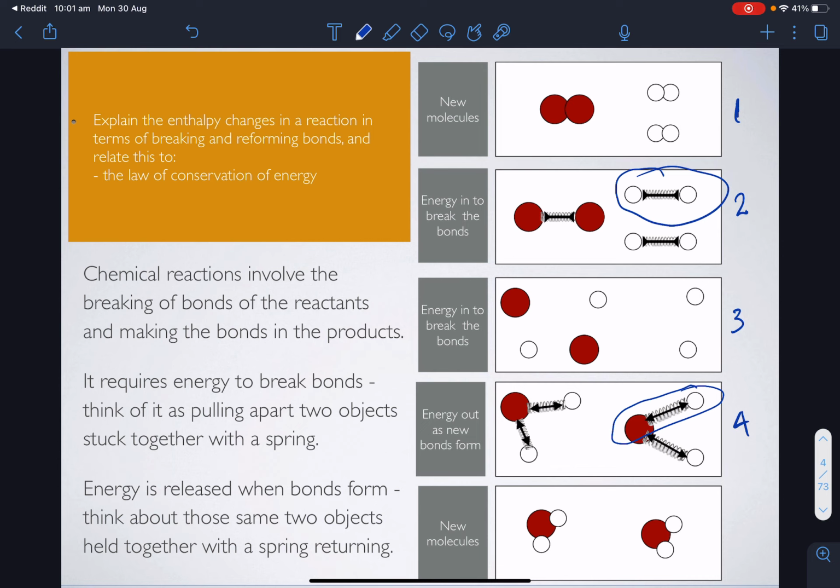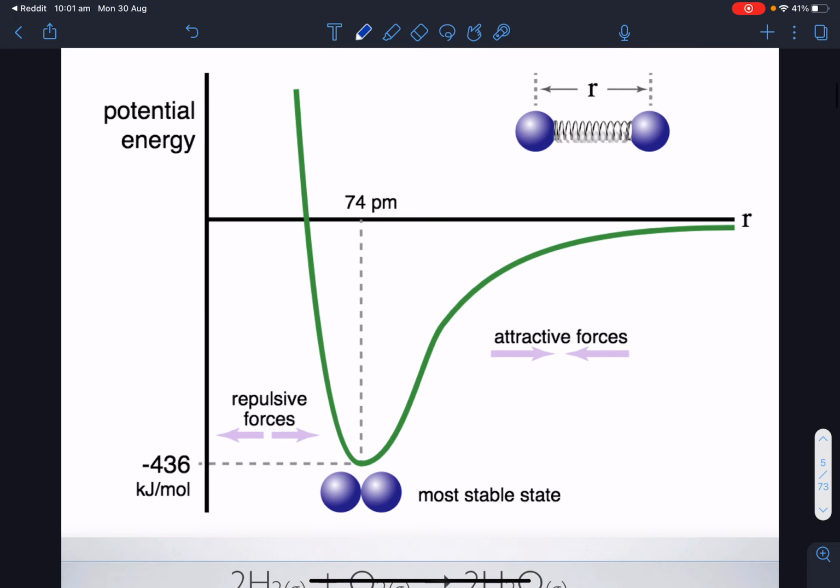So as these atoms are attracting each other in 3, they release energy and they form new bonds, and we get finally new molecules. I'm guessing I've modeled it on water, haven't I? Look at those Mickey Mouse ears. So I'm starting with one O2 and two H2s up the top, and I'm breaking those bonds, and I'm forming 2 molecules of water down in 5 in there. So that's a good model to think about how we're going to approach this whole chapter.